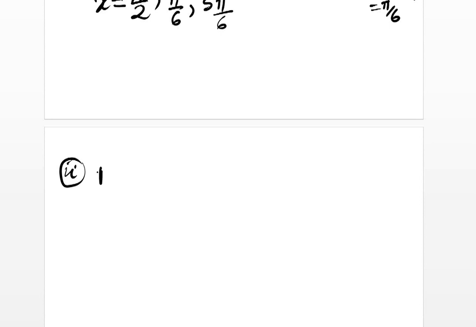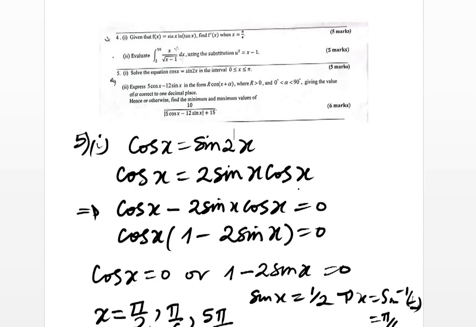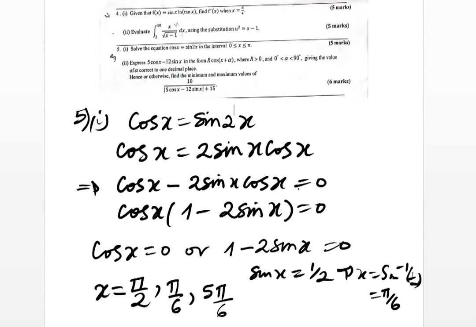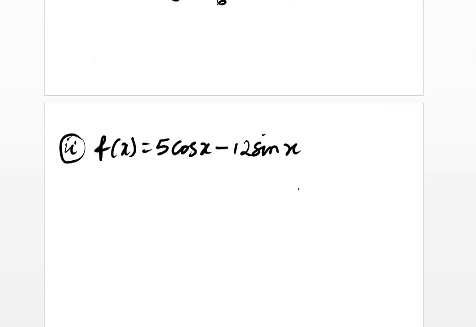You have been given the function 5 cos x minus 12 sine x, that we should express in the form r cos(x plus alpha), where alpha is acute.